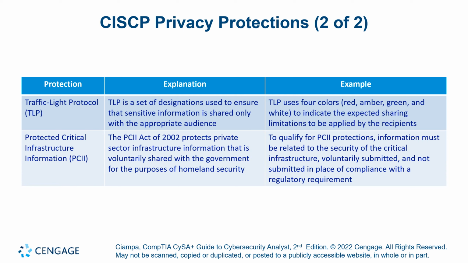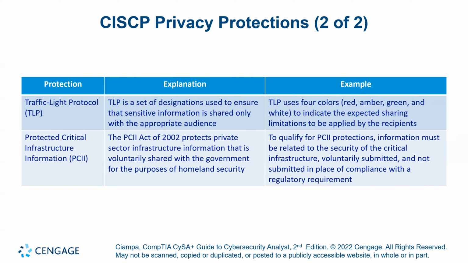To qualify for PCII protections, information must be related to the security of the critical infrastructure, voluntarily submitted, and not submitted in place of compliance with a regulatory requirement. So basically, you have to have voluntarily submitted it. It has to be part of some sort of critical infrastructure.